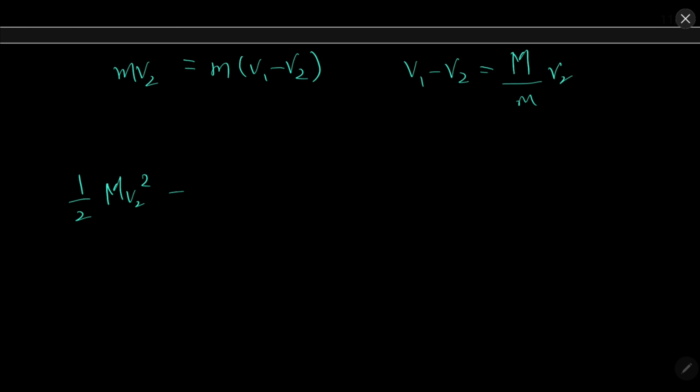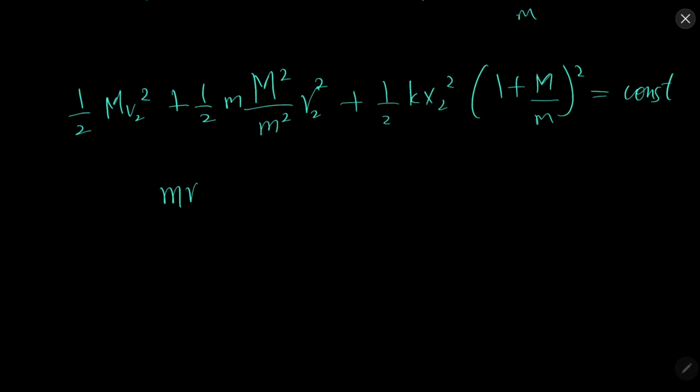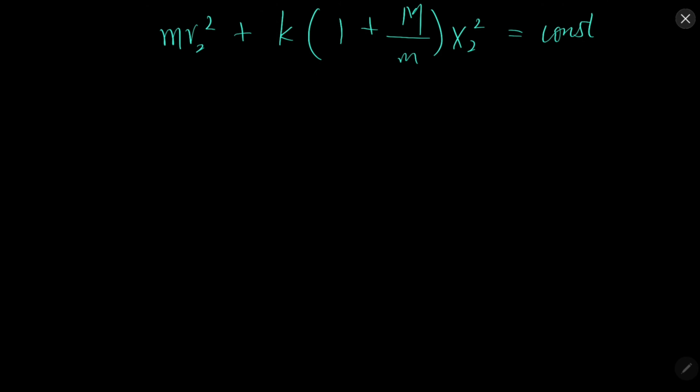So ultimately we have this equation after substituting the values that we have previously obtained: x2 square (1 plus m over m) square equal to a constant. So after solving this, mv2 square plus k (1 plus m over m) x2 square equal to constant.